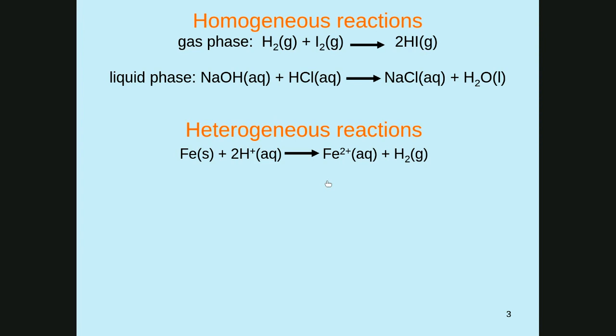Another important heterogeneous reaction is the one used in the food industry. It's a catalytic process. Many catalytic processes occur at the interfaces of solids, like nickel surfaces, or platinum.